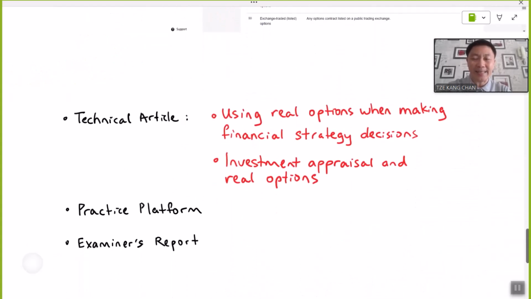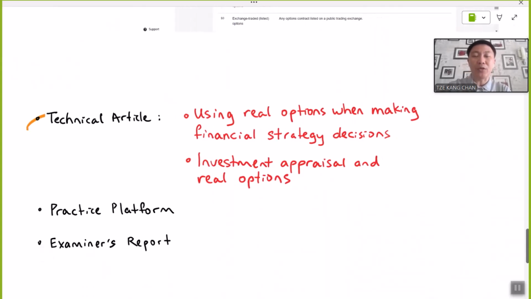There are also technical articles, in particular two articles found on the ACCA website. I would highly recommend students spend time to go through the second one, investment appraisal and real options, which contains a range of exercises demonstrating options pricing applications.